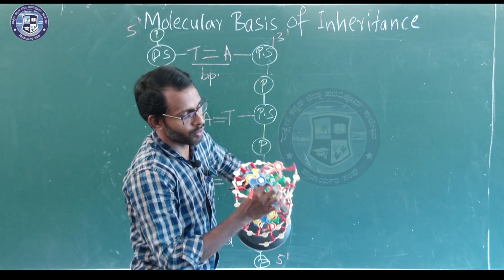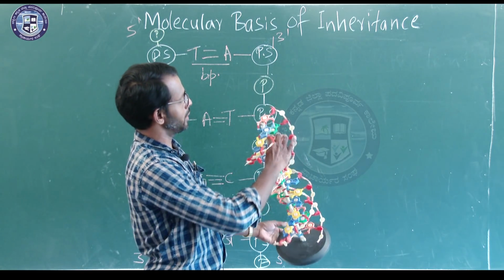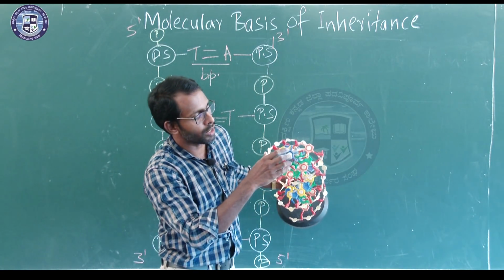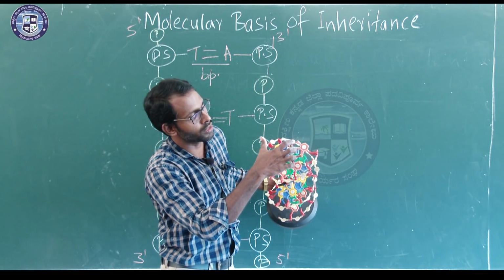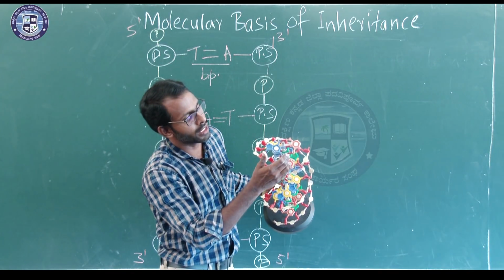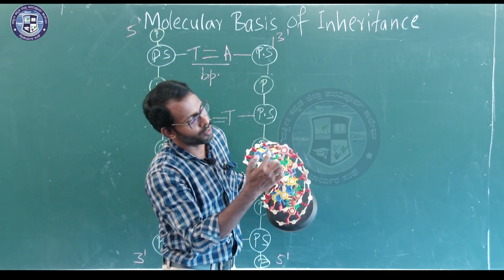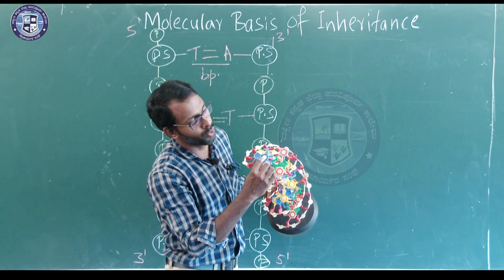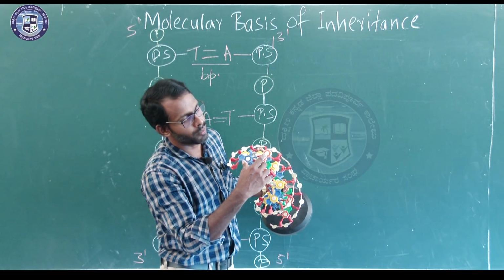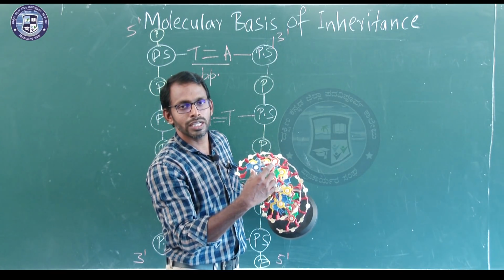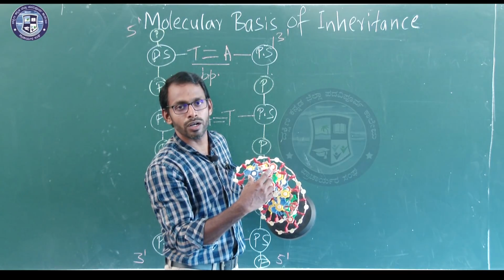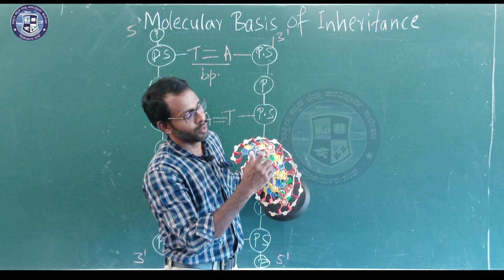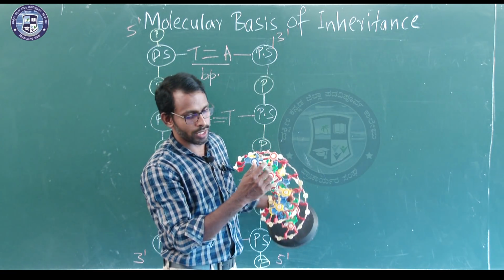Now, here you can find the base pair between G and C. That is why you can locate 3 hydrogen bonds, one here and another one here, and here the formation between G and C. So, G is a purine and C is a pyrimidine. Now, this is the idea given by Erwin Chargaff. G always pairs with C with the help of 3 hydrogen bonds.